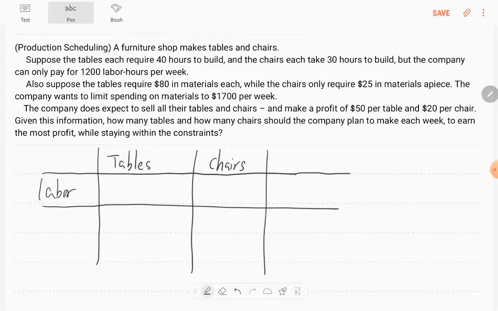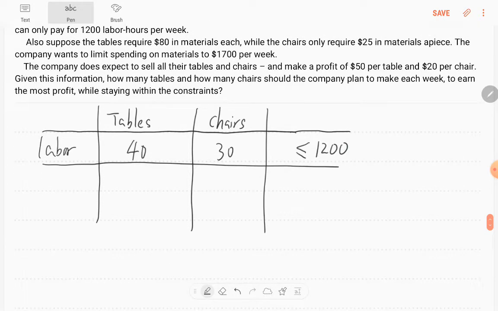The tables need 40 hours each, and the chairs need 30 hours each. And the company can only pay for 1,200 labor hours per week, so the total labor hours should be less than or equal to 1,200.